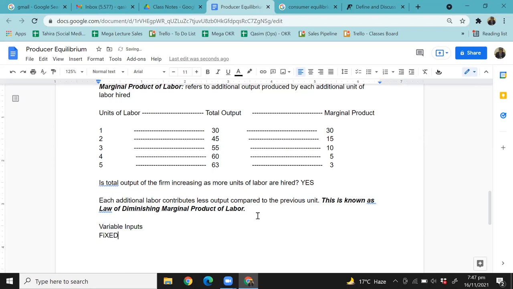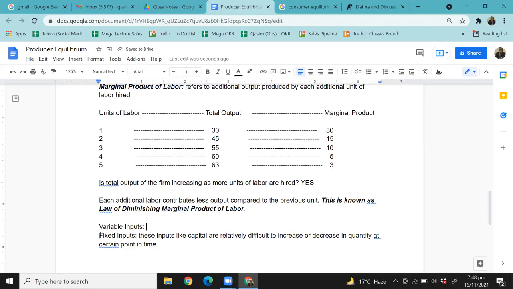As I just explained, fixed inputs are relatively difficult to increase or even decrease at a certain point in time, right? Is it making sense? So during a certain point in time, it will be difficult to increase or decrease, or simply speaking, adjust.